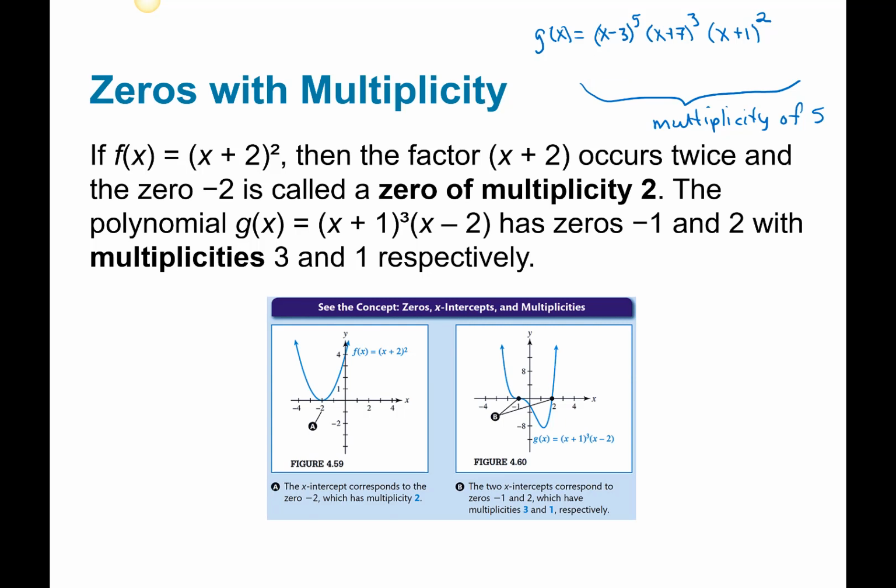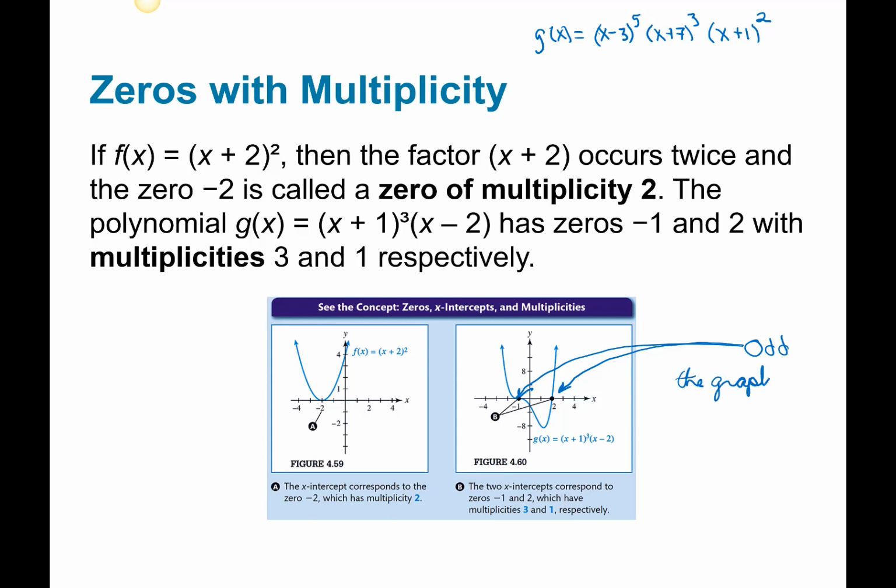If you have an odd multiplicity, which is these two, the graph crosses the axis. Now, it doesn't tell you what the multiplicity is. Or I'm sorry, the graph crosses the axis. I think I said the function.